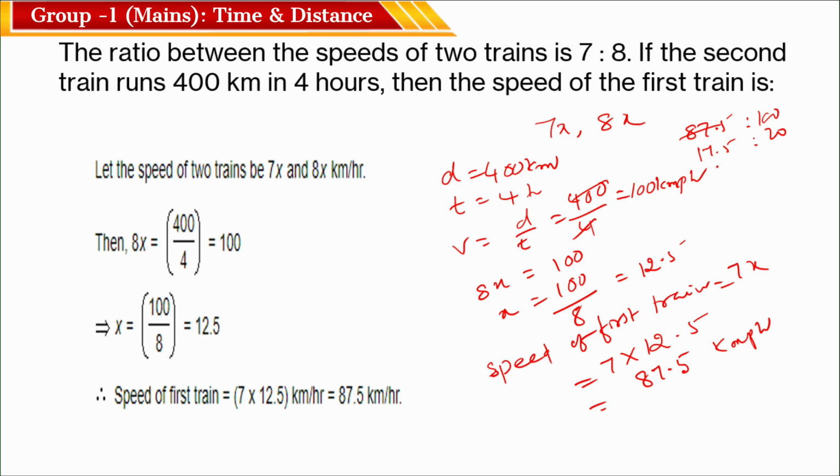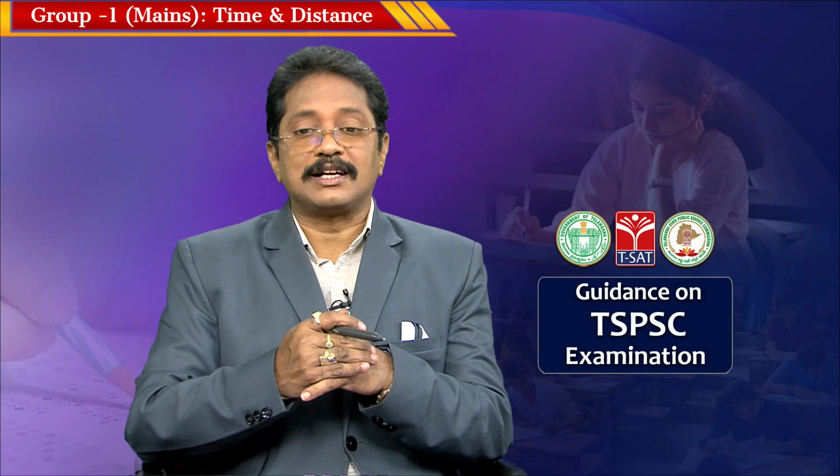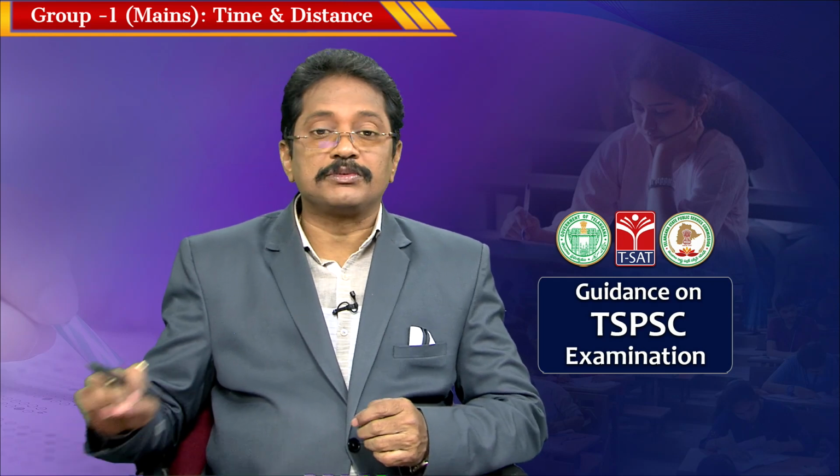Again we can say 175 is to 200, which means you can say 25 7s, 25 8s. We got 7:8. So your answer is exactly correct. Sometimes you can cross check whether your answer is correct or wrong. Clear? In this manner you can find the answer. Now shifting to the next question.